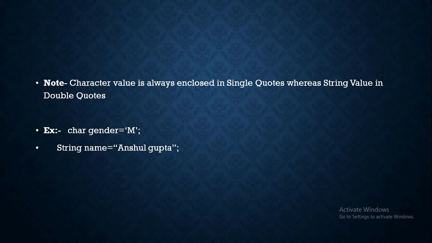In C and Java both, we always take a character value in single quotes. If we don't use single quotes, we will get an error. So we always use single quotes to assign a character value, and for a string we always use double quotes.